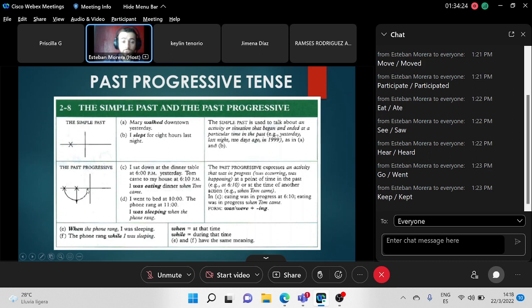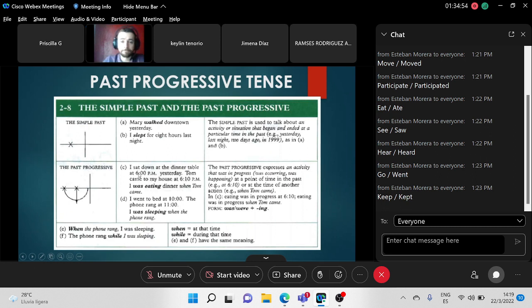But if you pay attention to the distance, it's not exactly the same distance in comparison to the simple past tense. The action started in the past, was happening for a while, and ended in the past. But the distance of the action is more extensive in comparison to the distance of the simple past tense.